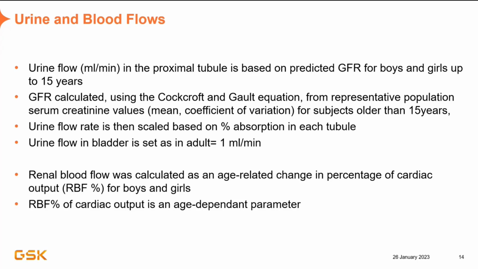That's why I showed you the slides in the Japanese and Dutch, to show you that the body surface area will be different. So we are expecting that the GFR will be different in children from different ethnic groups too. And then after 15 years, the Cockcroft and Gault equation is used, which is based on the serum creatinine, and it also accounts for all the variability.